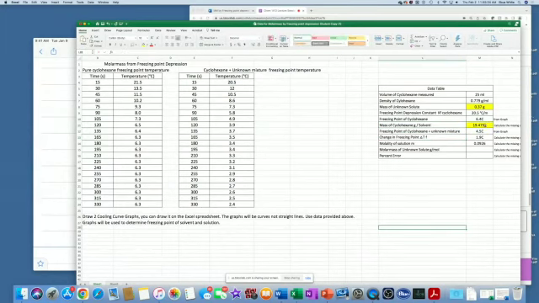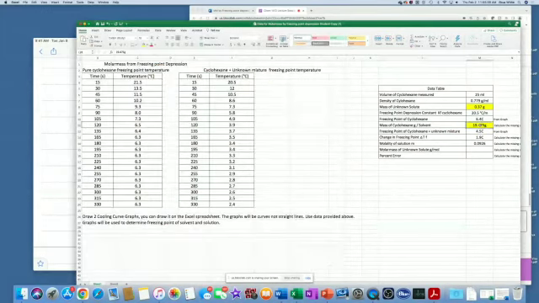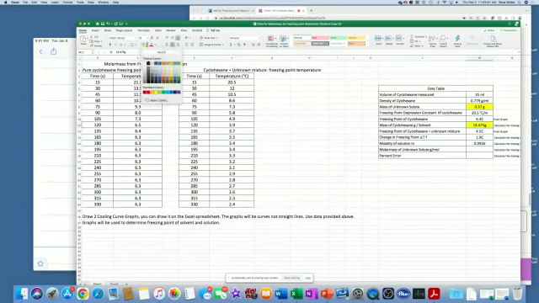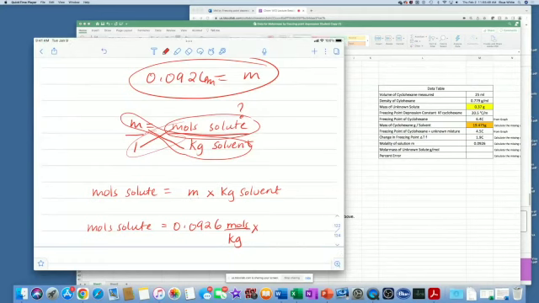But this is not in kilograms. They say we should have it in kilograms. So you see the second number I highlighted here? Let me highlight it orange so we can look at it. We need that orange number, the 19.47 grams, that's the solvent. We need that to be kilograms so we can multiply it here, right? So for right now, I'll leave it as kilogram solvent. So we need to make that number a kilogram.